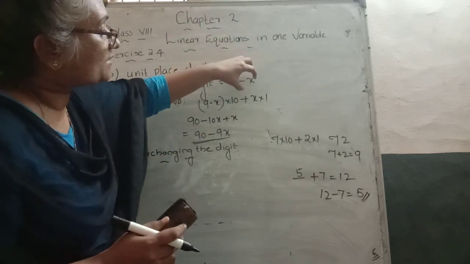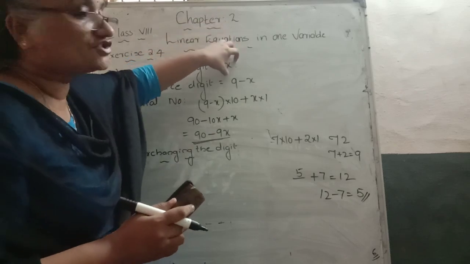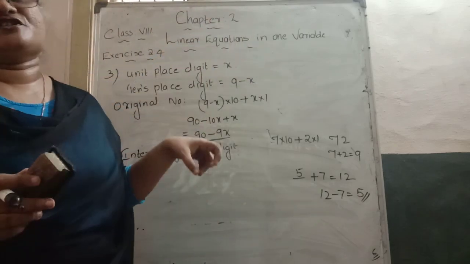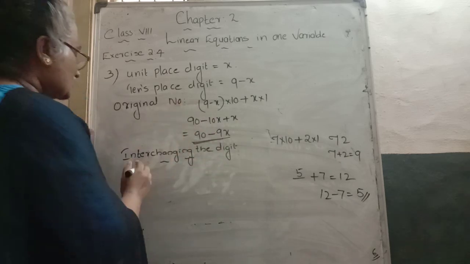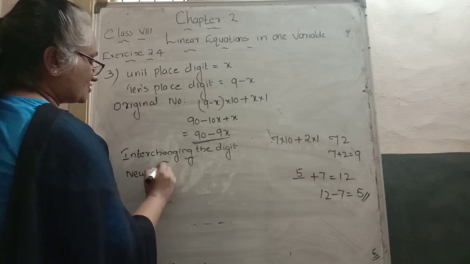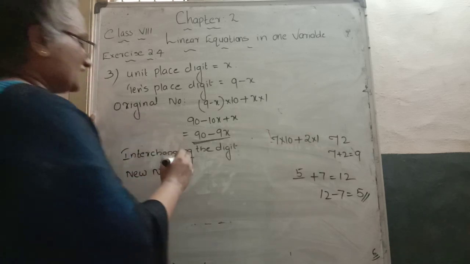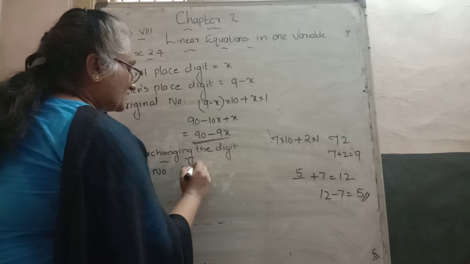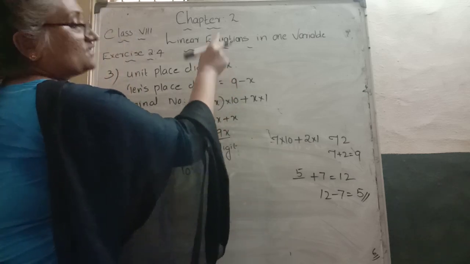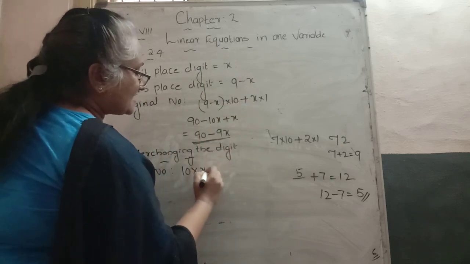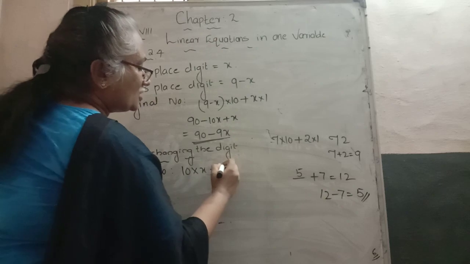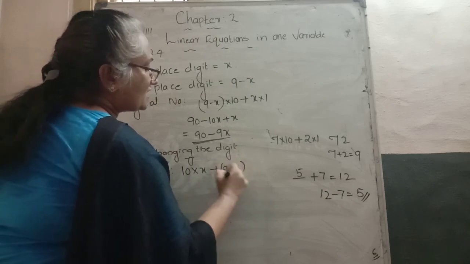That means now the tens place has which number? 9 minus x. The unit digit is x. These digits are interchanged, so the tens place digit moves to the ones place and the ones place digit moves to the tens place. When interchanging, a new number is formed. We write the new number as 10 into x, since x comes to the tens place, and 9 minus x goes to the unit place.